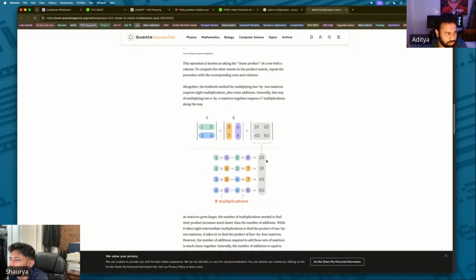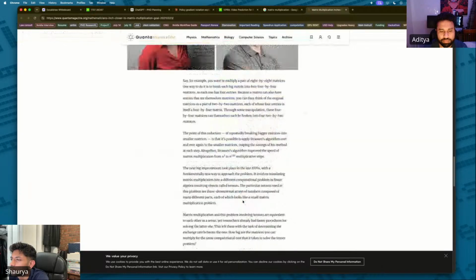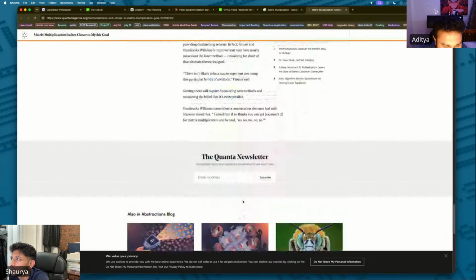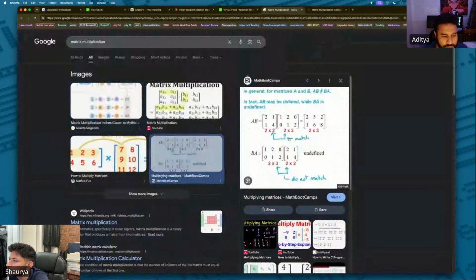And that's how the matrix multiplies. 2 cross 2 into 2 cross 3.